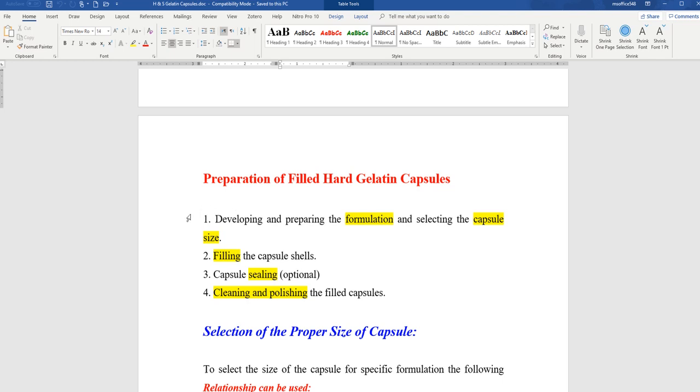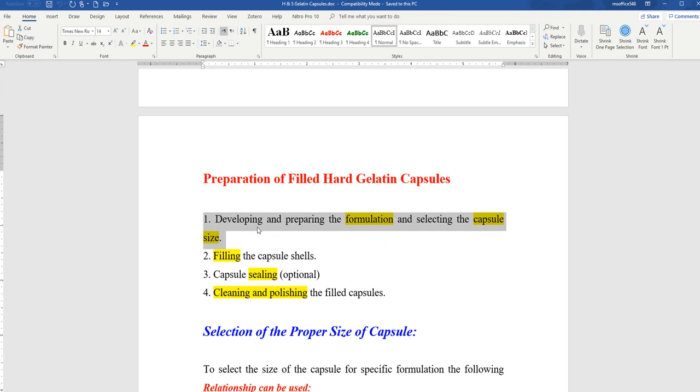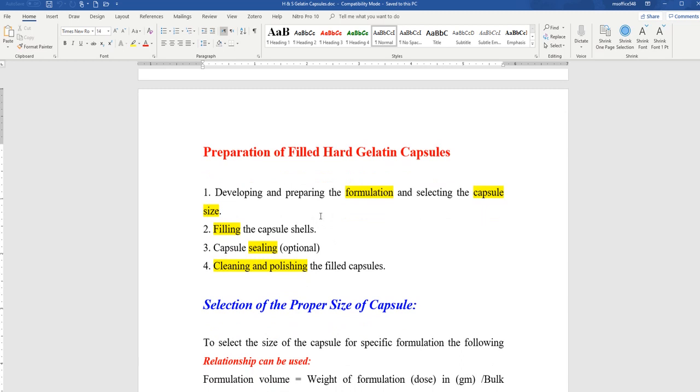So what I will be talking about in this part of the video today is developing and preparing the formulation and selecting the capsule size. This is what I will talk about now. Later in the video I will talk about filling the capsule shells, capsule sealing, cleaning and polishing.